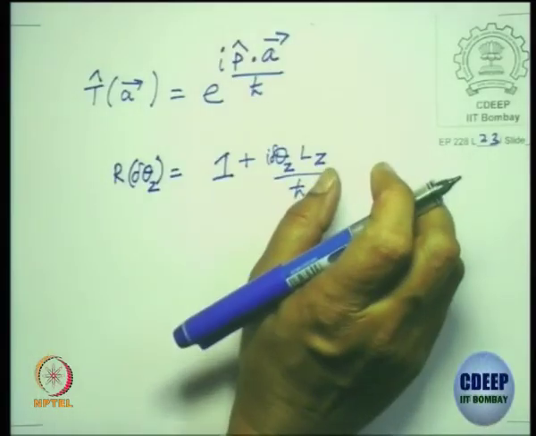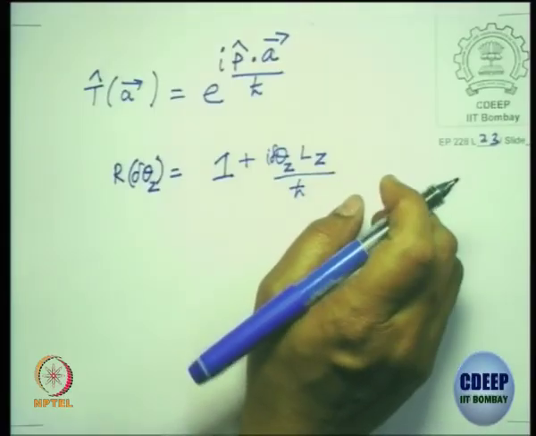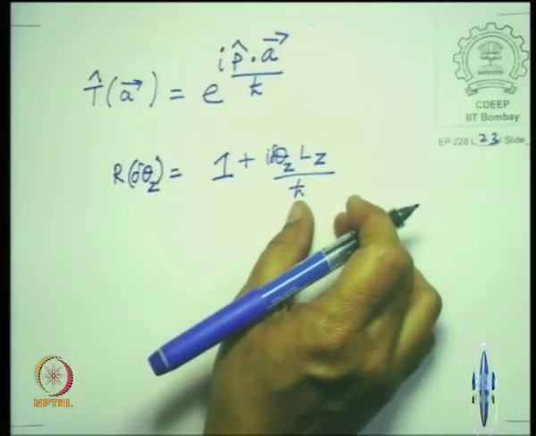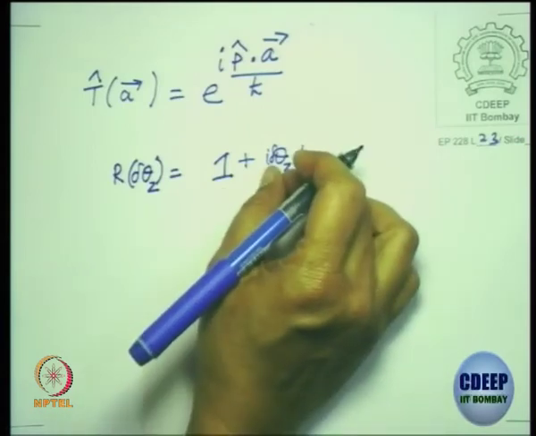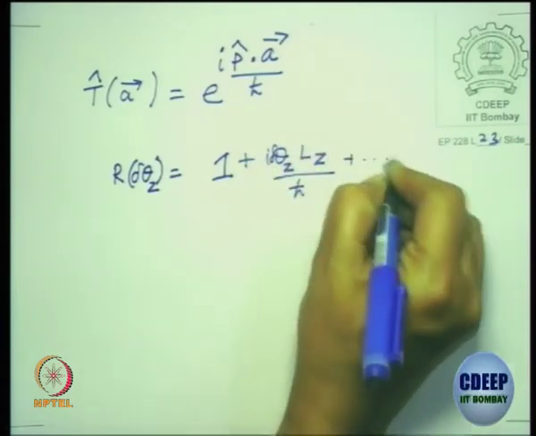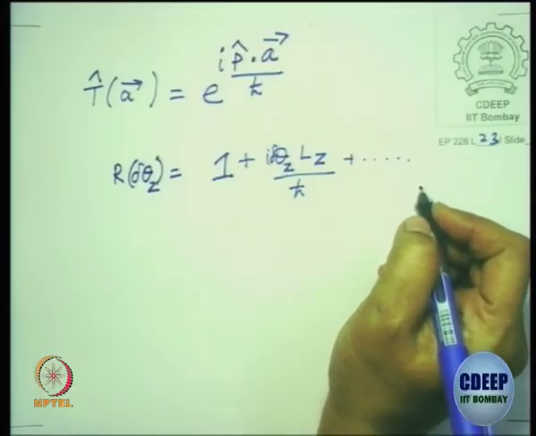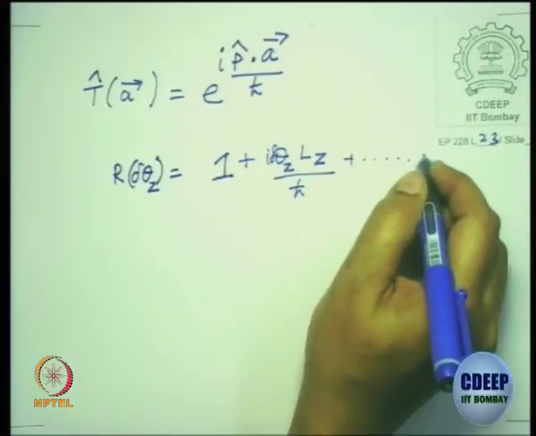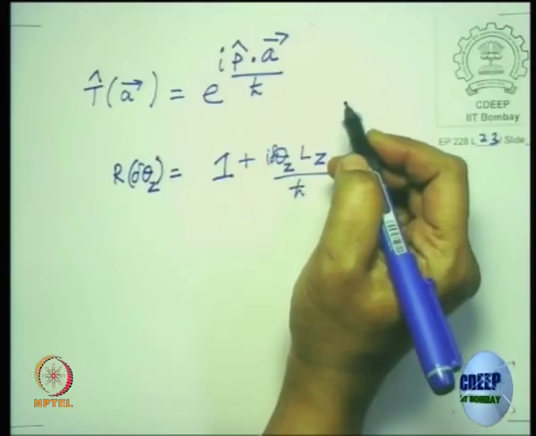I asked you to look at how the r vector changes under infinitesimal rotation and fix what the rotation operator should be, and you write this. This is for infinitesimal rotation. If you keep rotating about the same axis, you can keep continuing, exactly like the way we wrote here.